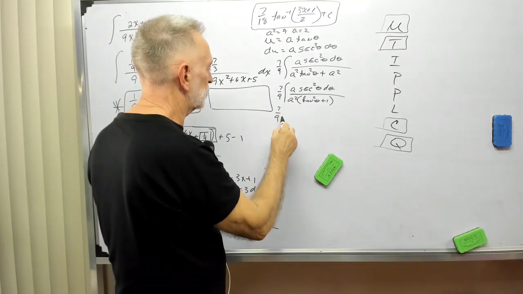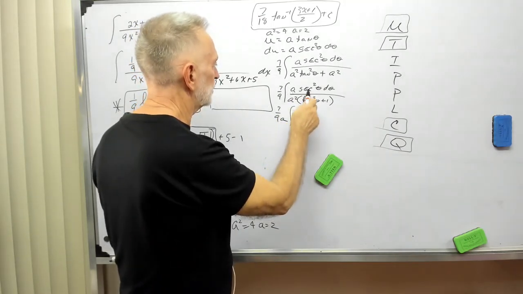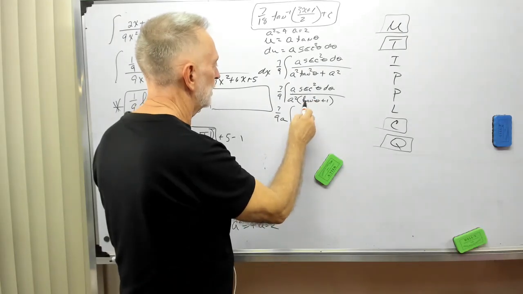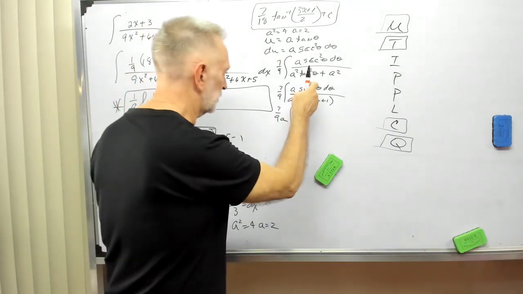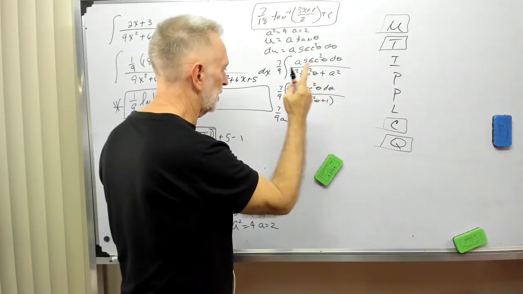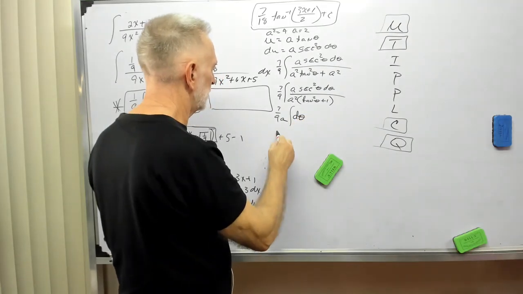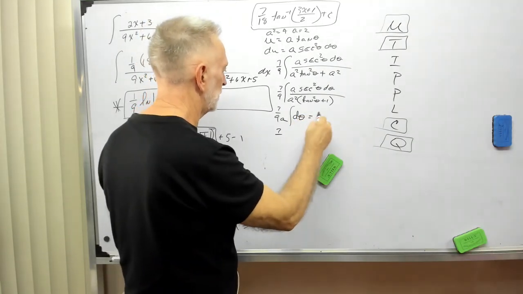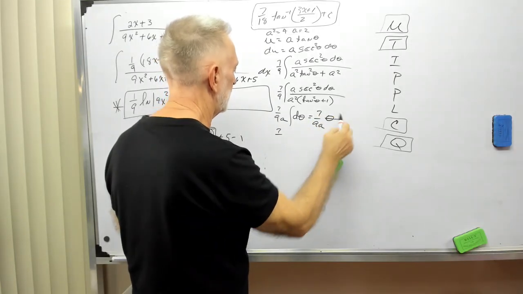A divided by a squared gives me a. And what is tangent squared plus 1? It's secant squared. So secant squared divided by secant squared is 1. 1 times d theta is d theta. So I have 7 over 9a theta.